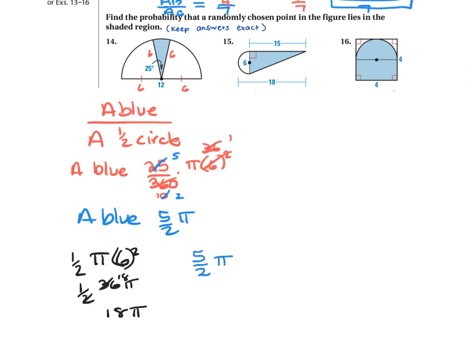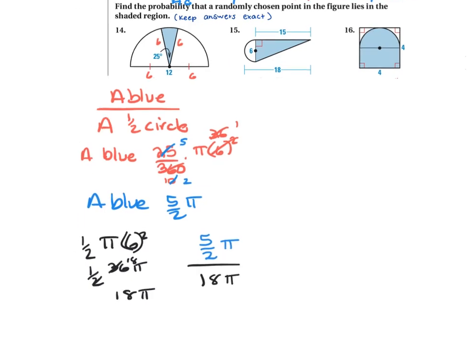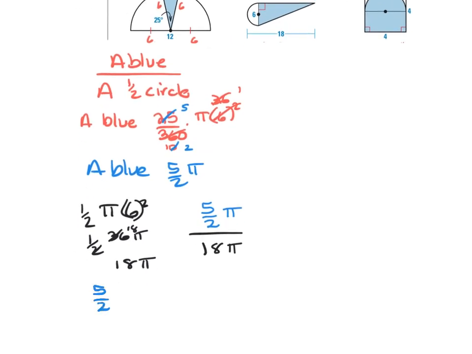So now I have area of the blue, 5/2 pi, divided by 18 pi. I can do a keep flip change here, and I'm going to do 5/2 pi times the reciprocal, so 1/18 pi. And you can see that the pi's will cancel, and then I get 5/36.